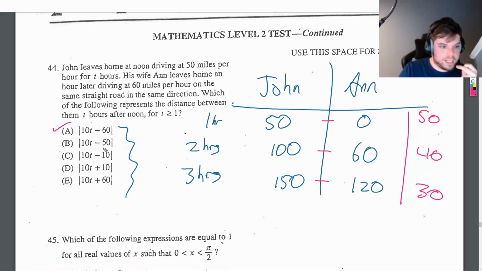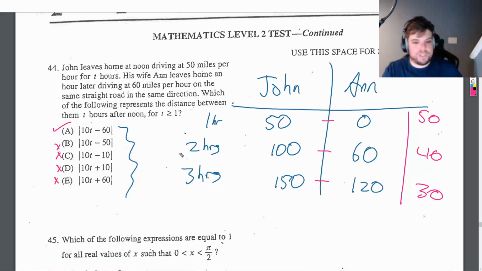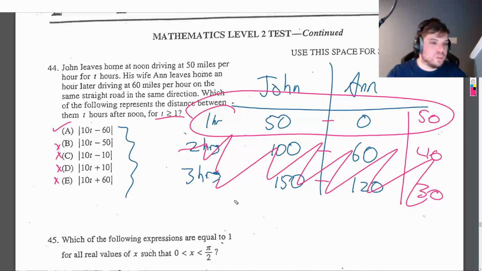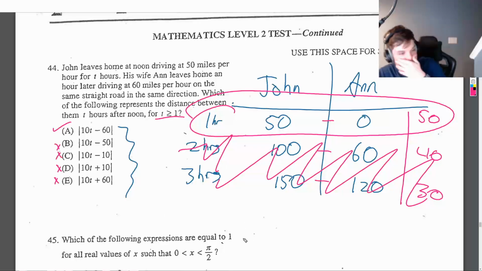At t equals 1, 10t minus 50, that one doesn't. 10t minus 10, no. At t equals 1, 20, no. This one doesn't either. Oh, forget all this then. All you need is this first hour. For t greater than or equal to 1, just take t equal to 1. At 1 hour, John is 50 miles, Anne is 0 miles. That's the only one that satisfies this relation.